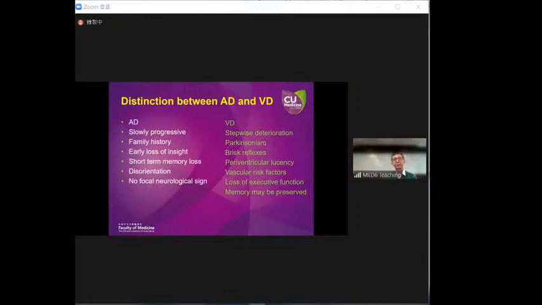Because of the small steps and lack of facial expression, they look Parkinsonian, but they don't usually have tremor. They may have rigidity, small steps, and Parkinsonian faces. Another term for this is vascular Parkinsonism. The reflexes may be brisk.